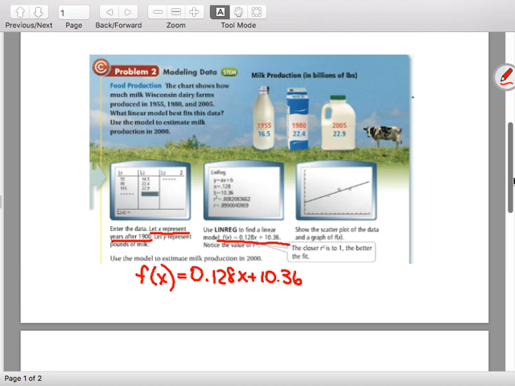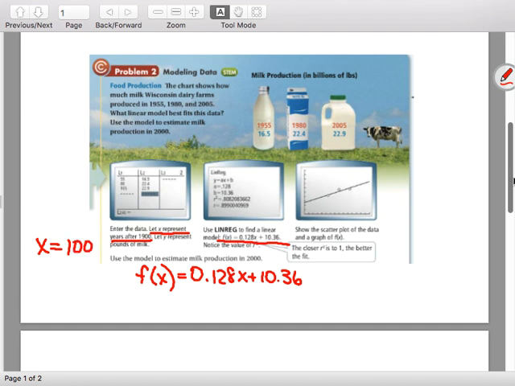It says use this model, and a model is another word for an equation, to estimate the milk production in the year 2000. So if x is the number of years after 1900, what would x be for the year 2000? I'm not going to put 2000 in there. If x is the number of years after 1900, and I want the year 2000, what would x be? 100, okay?